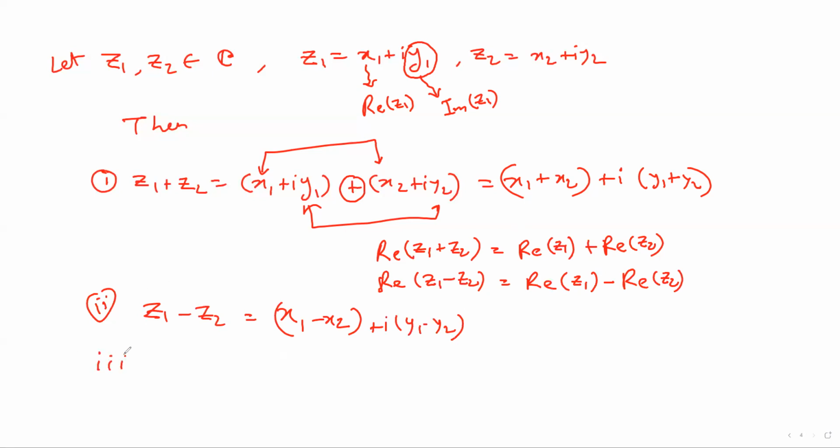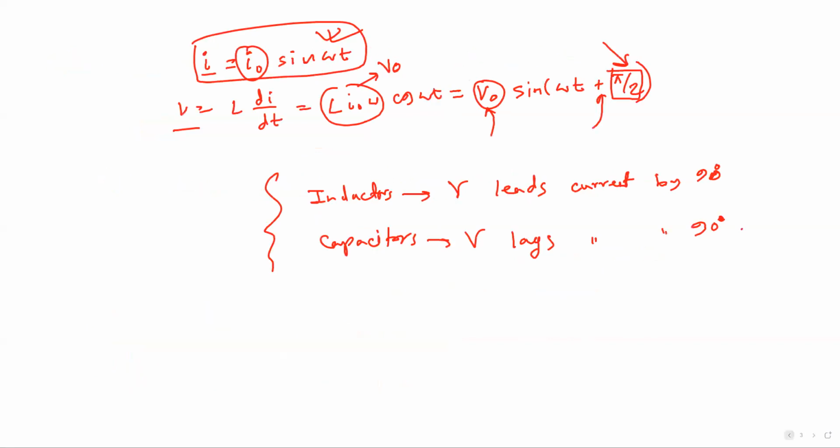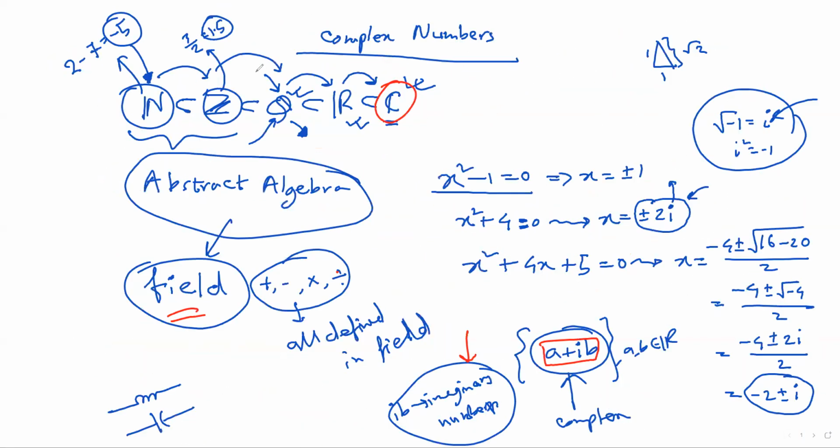Let's see how multiplication is defined. Z1 Z2 is x1 plus iy1 and x2 plus iy2. So we are multiplying 2 complex numbers, and we have seen our argument involved the idea that if you multiply 2 members from a set, that product may or may not belong to that set, and accordingly we decide that multiplication is defined or not defined in that set.